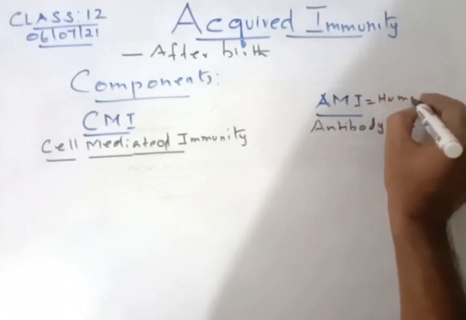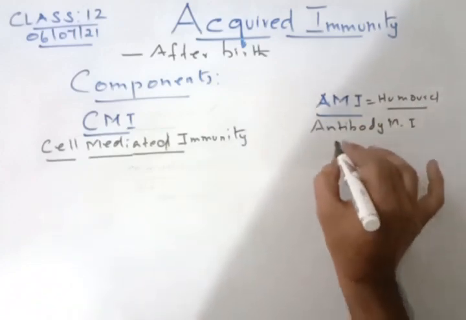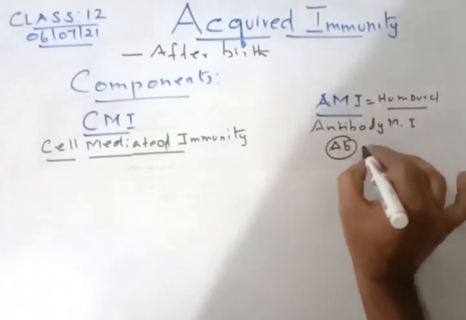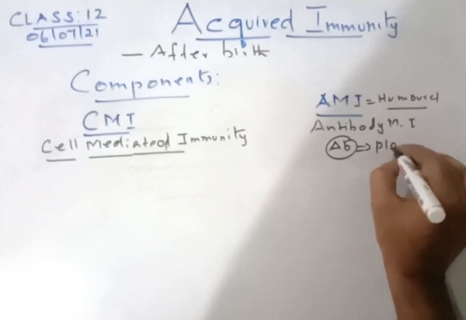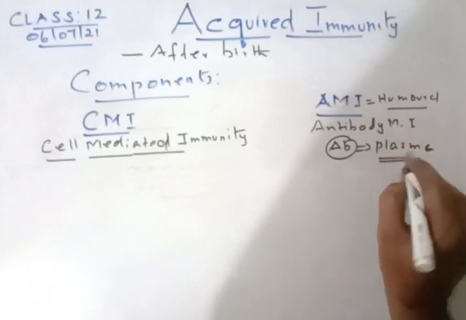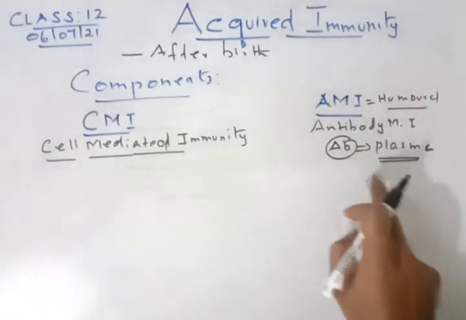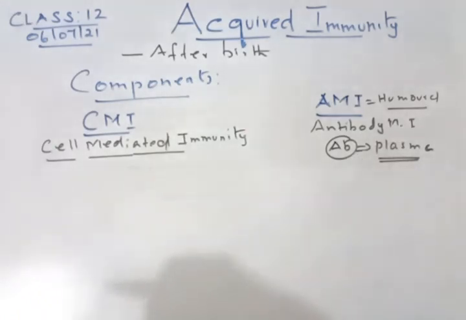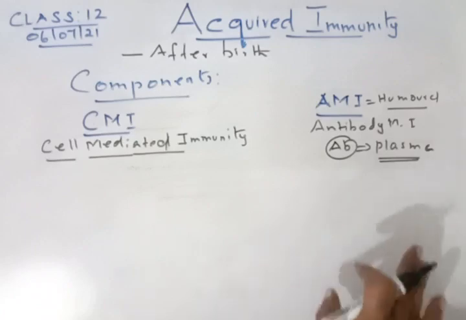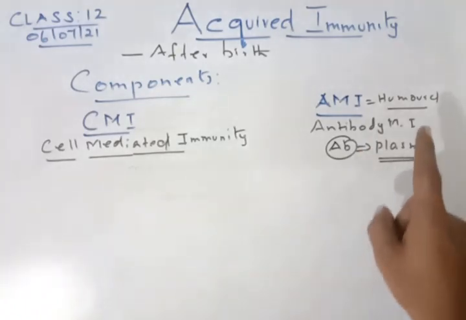Humoral immunity means the antibodies that are produced will always be situated in the plasma of the blood, which is the fluid part. Only the RBC is a solid part, that we know. Even if you take your blood and check, you will have some antibodies in the plasma. That is why antibody mediated immunity is also called humoral immunity.